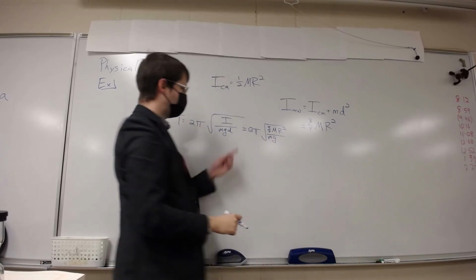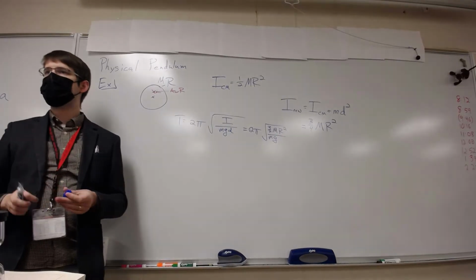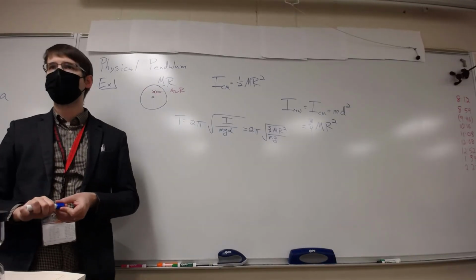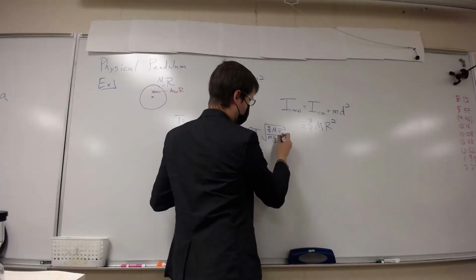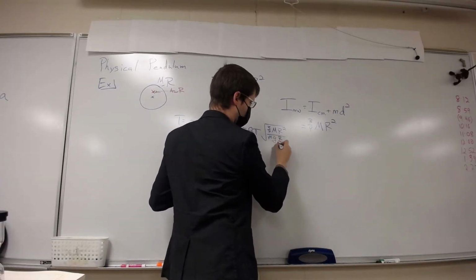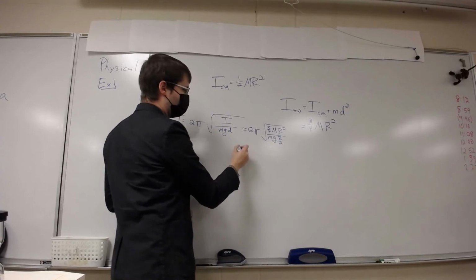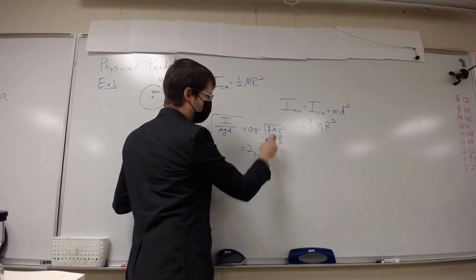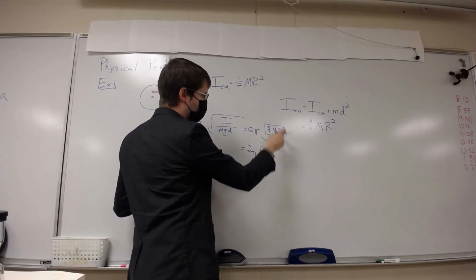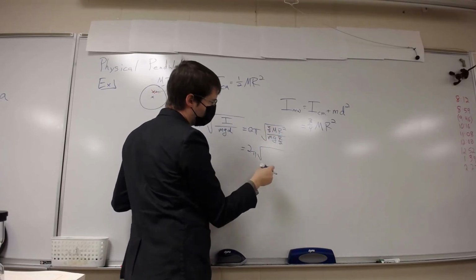And what is our value for the distance in this case? The distance from our rotation point to the center of mass is r/2. And so then if we simplify, we wind up with this being equal to 2 pi square root of, this then becomes 4/3, and that becomes a 2 on the top. Wait, 2 on the top, is that right?